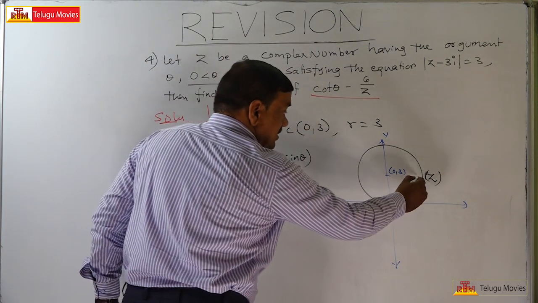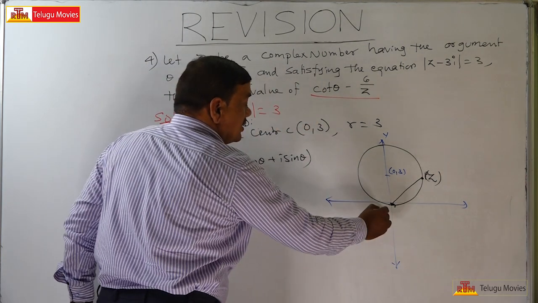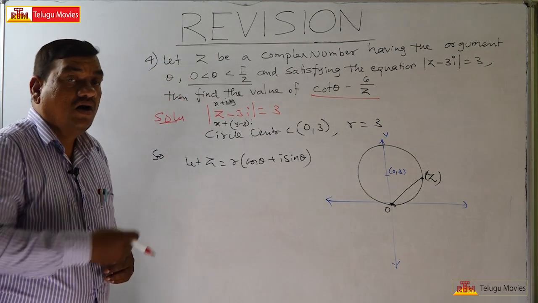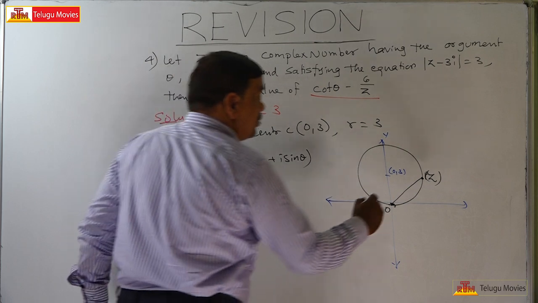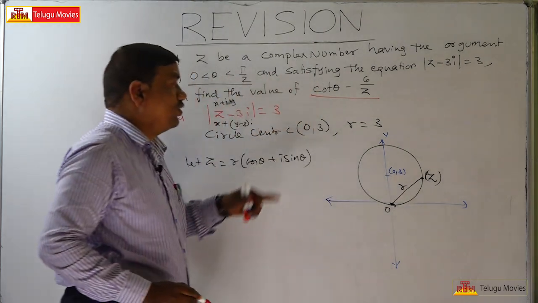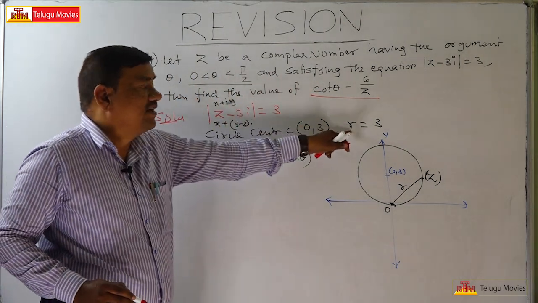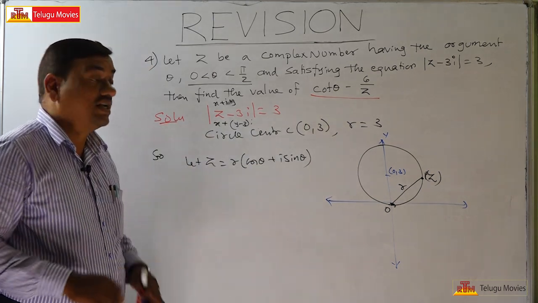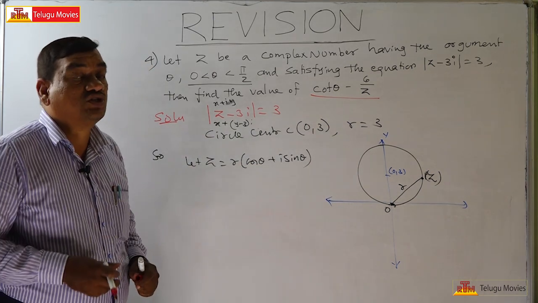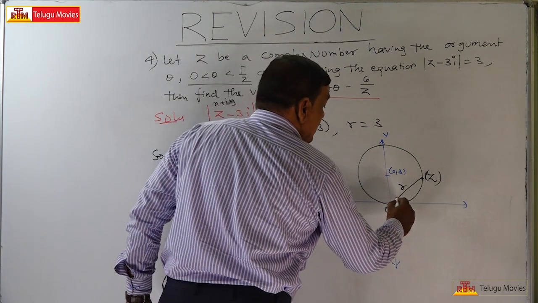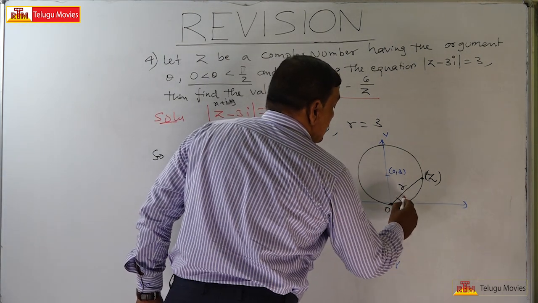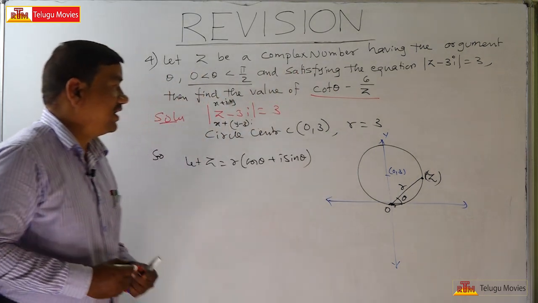The length from the origin to that complex number is equal to r. Don't think that it is the radius of the circle. Here r means the modulus of the complex number, and this is theta. Understand this? Right.